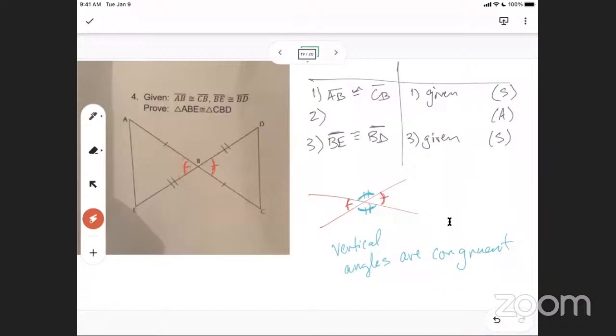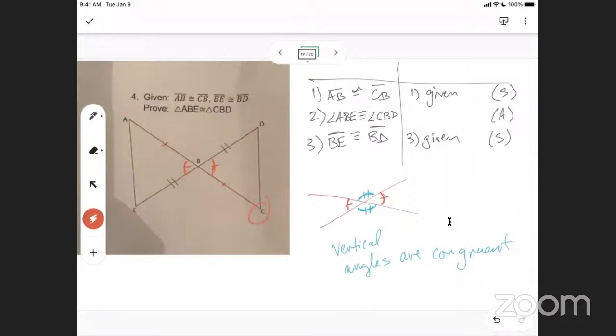ABE? That's right. Good. Angle ABE is congruent to what? CBD. Good job. And I like how you said C first, even though you could have said D first, because you use the one across from the single tick mark.